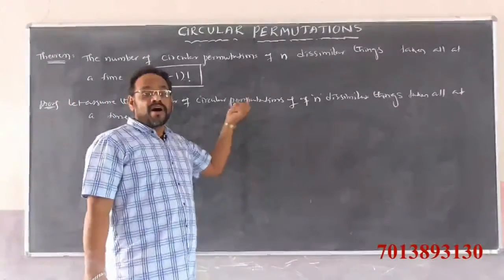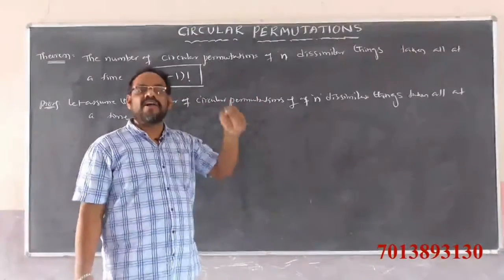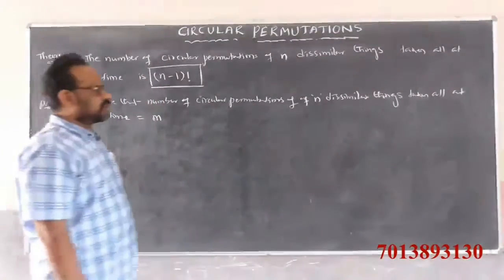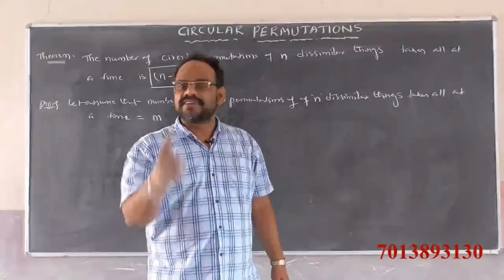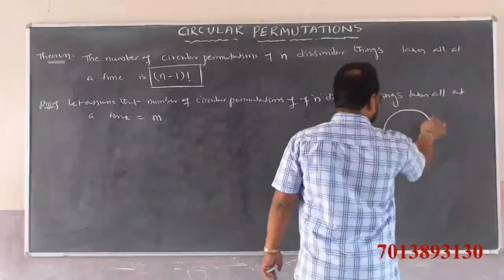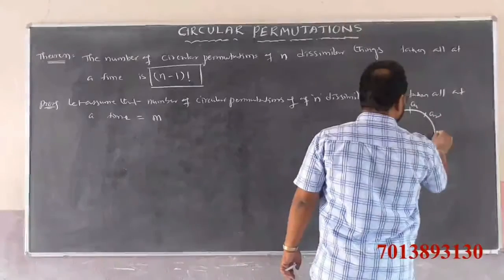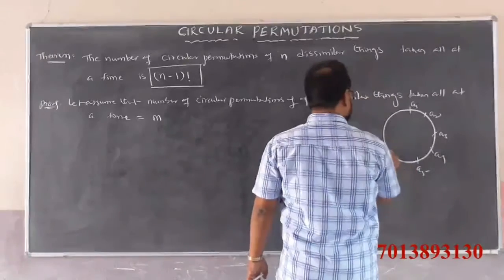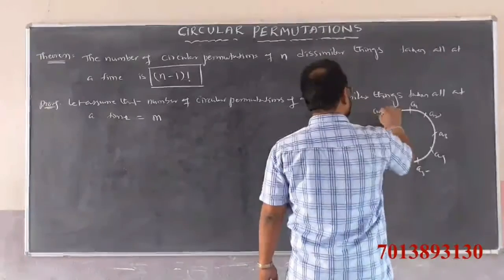We don't know this number yet. In these m circular permutations, consider one circular permutation: A1, A2, A3, A4, A5, and so on, An minus 1 and An.